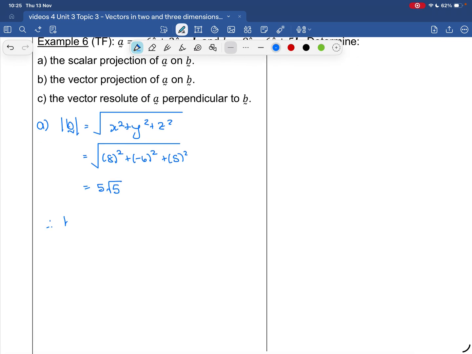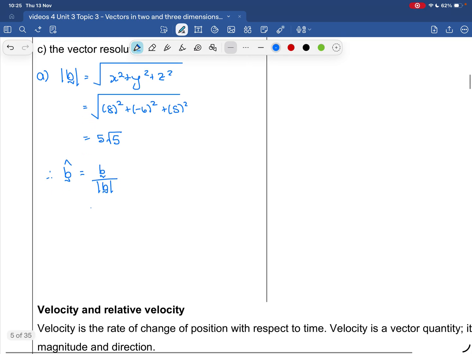And so then I can find my unit vector in the direction of B, which you will now remember is B over my magnitude of B, and that's going to give me 1 over 5 root 5 times 8i minus 6j plus 5k.